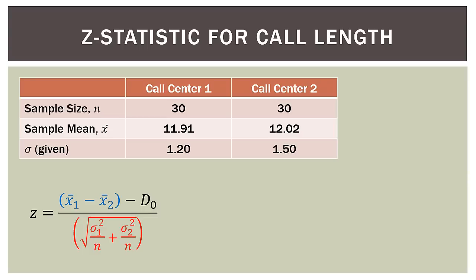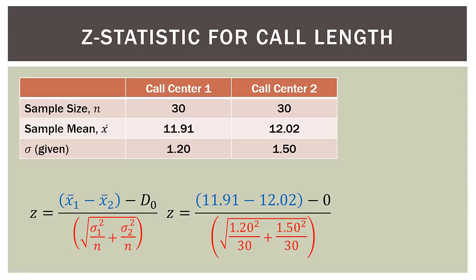So here is the formula for our z-score, or our z-statistic, our test statistic. We have x bar sub 1 minus x bar sub 2 minus d sub 0 in the numerator, and then in the denominator we have our standard error. All we have to do is substitute the numbers from the table at the top into this formula at the bottom.